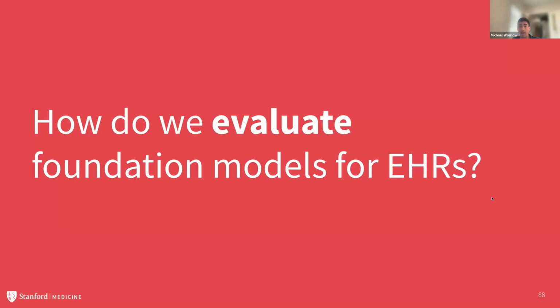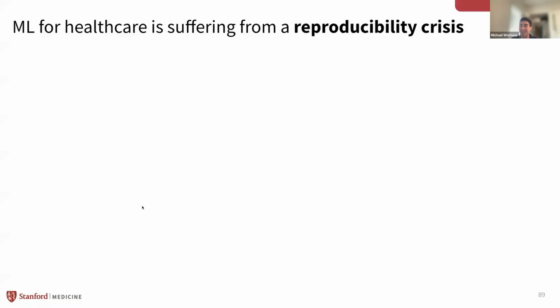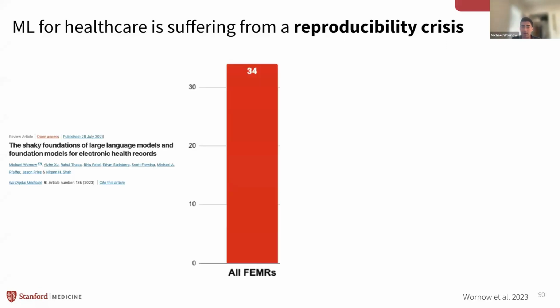So now that we have a sense of how we build these foundation models, how do we actually know whether they're good or not? Unfortunately, that's been a challenge that's plagued the field of ML for healthcare for a while. And I would argue that it's suffering a little bit from a reproducibility crisis when it comes to foundation models. So we recently did a survey of all of the published foundation models for EHRs that we could find.